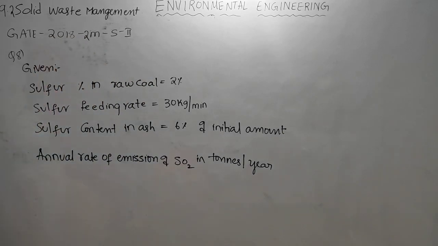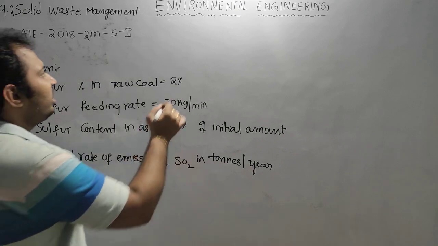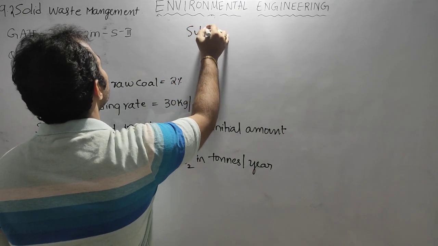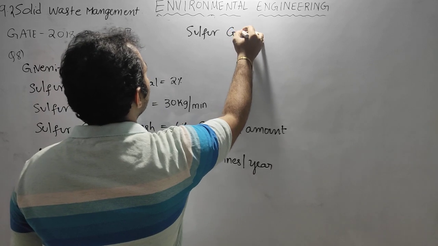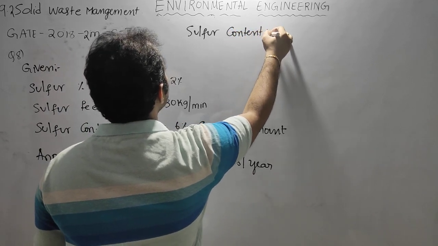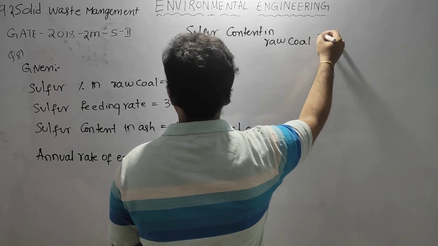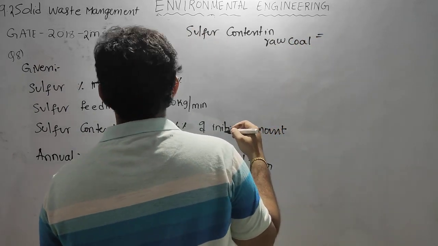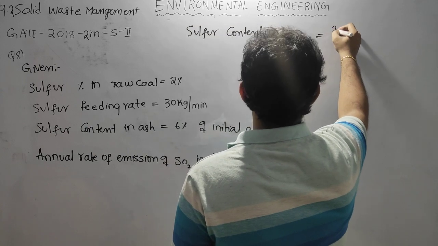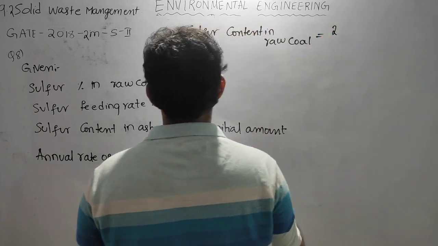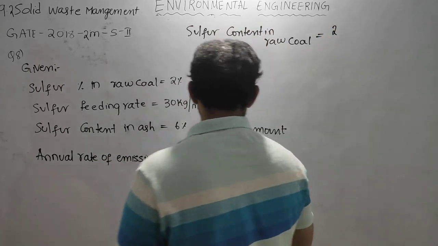What is the sulfur present initially in the raw coal? The sulfur content in raw coal, or fresh, unburnt coal, is 2%. First of all, I want this in per year.